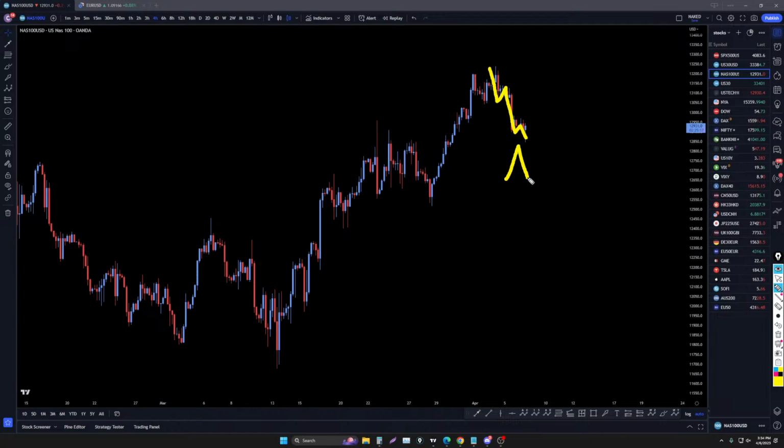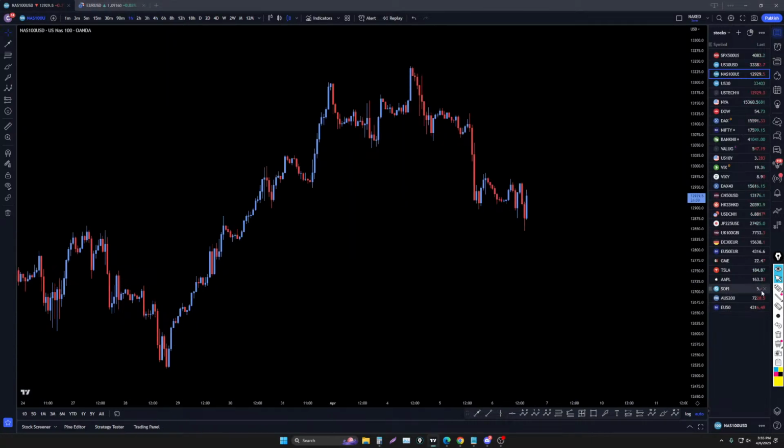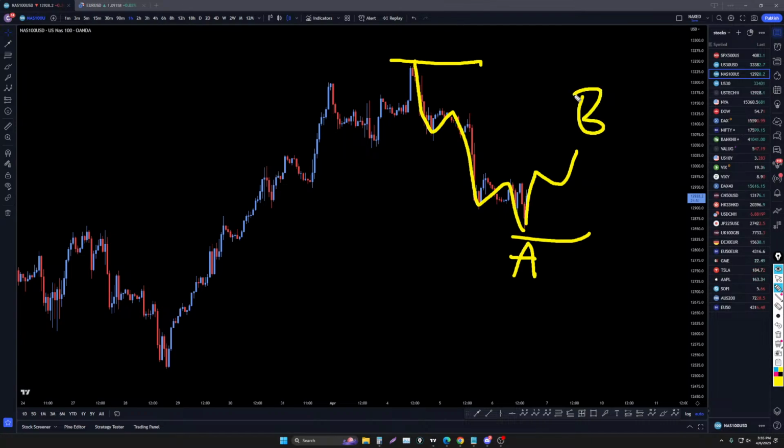Probably a wave A. There's probably a B. Probably going to go down and make a C. And then most likely just keep on trending up. So yeah, definitely looks pretty good. Definitely looks like a trend, meaning that it probably is a wave A. That means the next move up is probably going to be a B into this move down, and then it'll probably go down again to make a C, and then it'll probably go up like that.